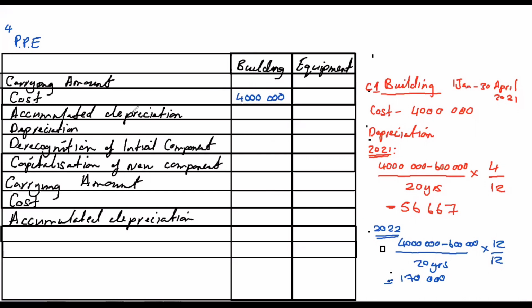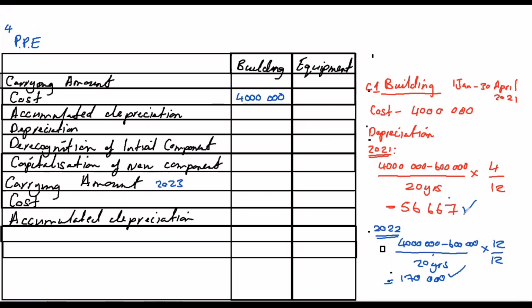And then accumulated, we want the total value of how much this building has lost so far. In 2021, it lost this. In 2022, it lost that. Remember, our year is 2023, so we want the accumulated depreciation at the beginning. So we add both this plus this.